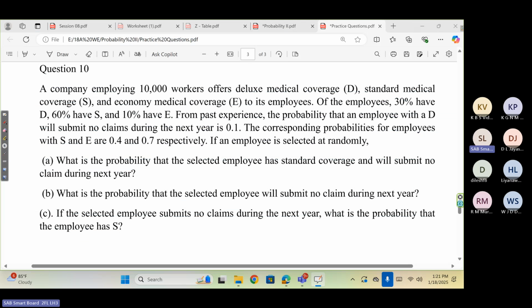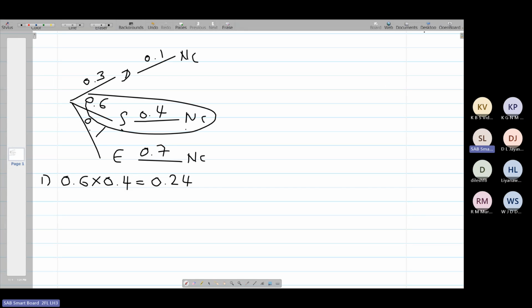What is the probability that the selected employee will submit no claim during the next year? It means how many chances are there? There are 3. Then how do we take the value? We write down the probability of submit no claim.